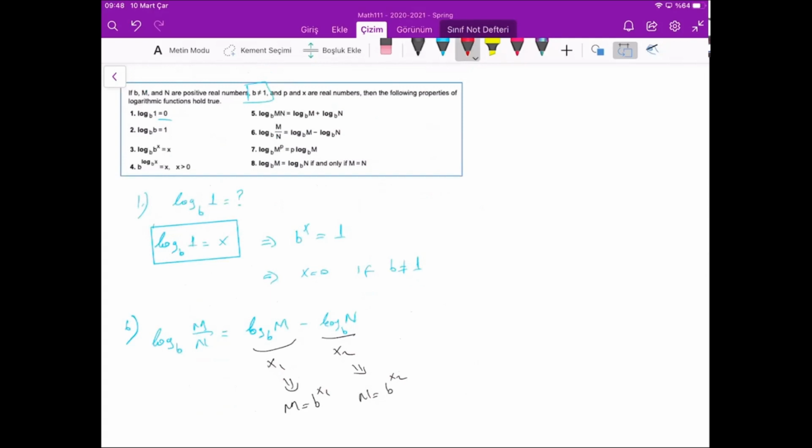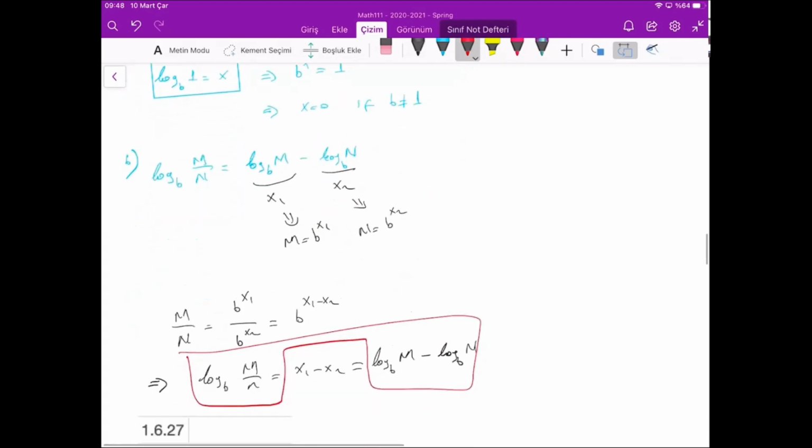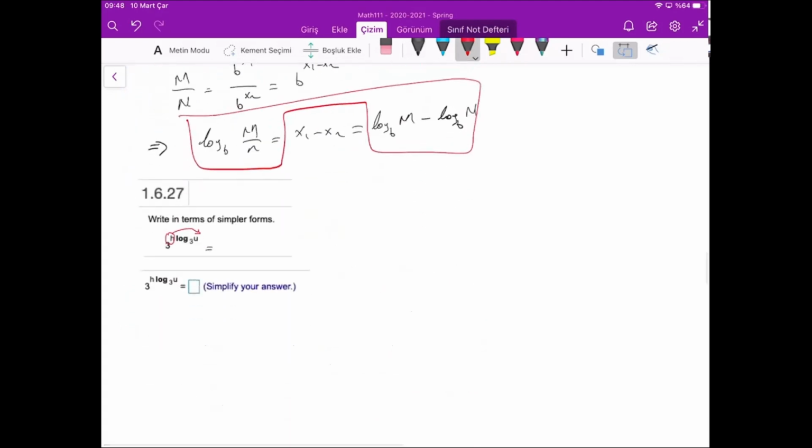Where is this property? This one. p can be written as a power of m if this is a factor of the logarithm. So by property 7, we get 3 to logarithm base 3 of u to power h.